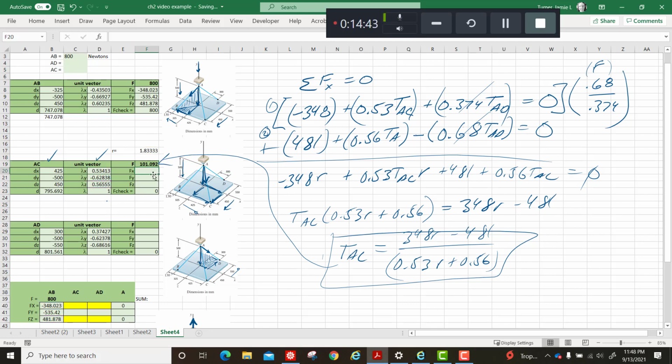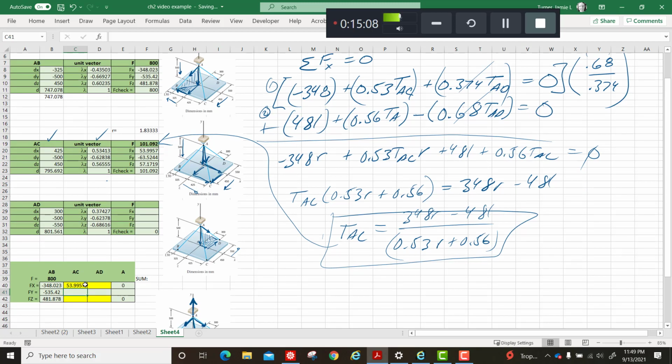So once we get the tension for AC, I'm going to go ahead and split that into XYZ components the same way we did before. So I'm taking that magnitude and multiplying it by our XYZ components. I'll show you how to use the solver for this as well, because that will make it a lot faster.